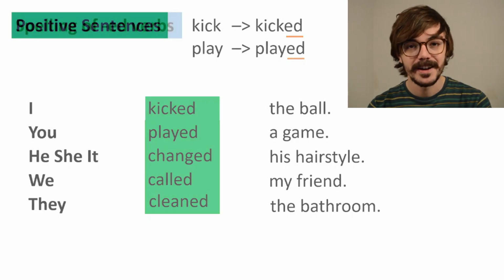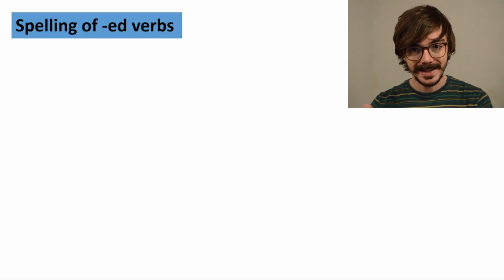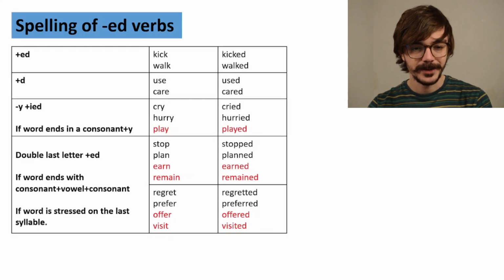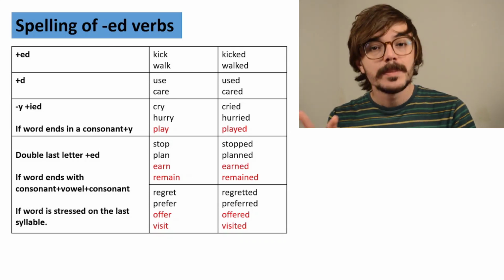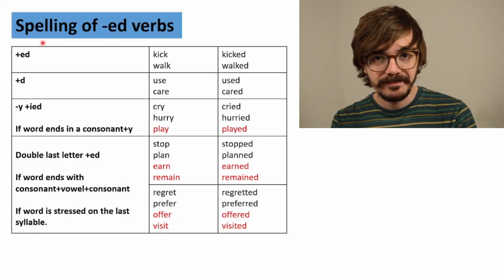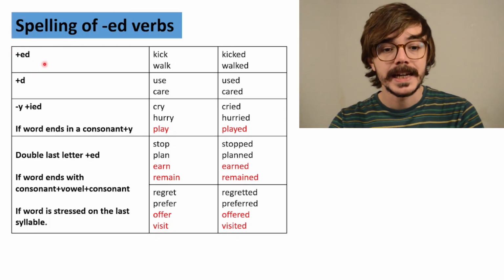Now, that's easy enough. Let's have a look at spelling for regular verbs. So all of these verbs end in ed, but sometimes there's a little bit of change. Sometimes we just add ed, but sometimes it's a little different. Most verbs we add ed.